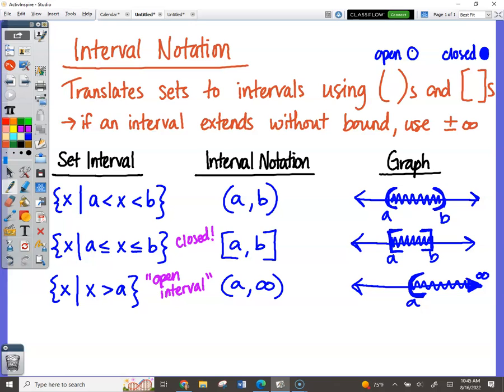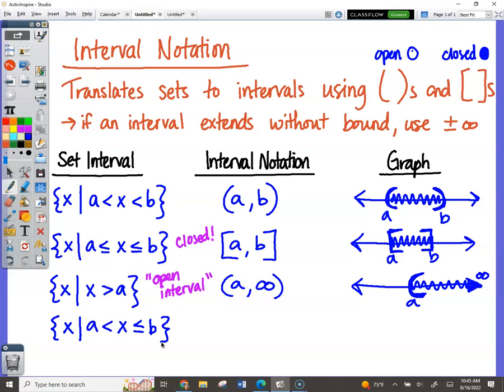You can have a mixture. Let's do this one. We're going to mix it up. So this time we have a min value, a max value, but we only actually include which one of those?